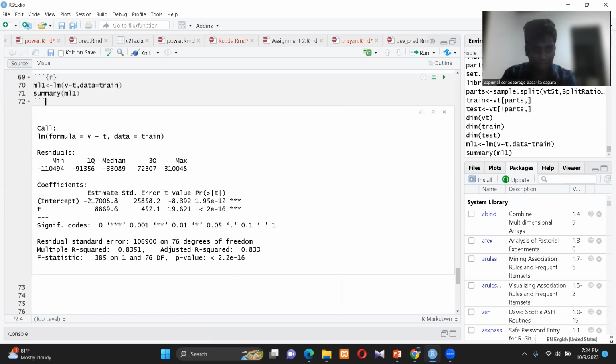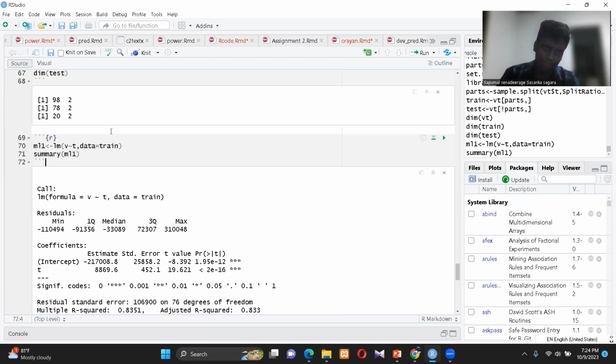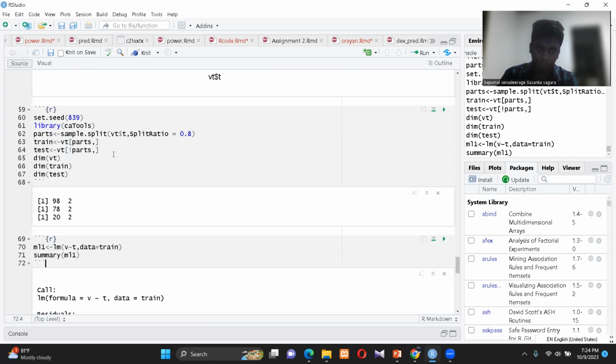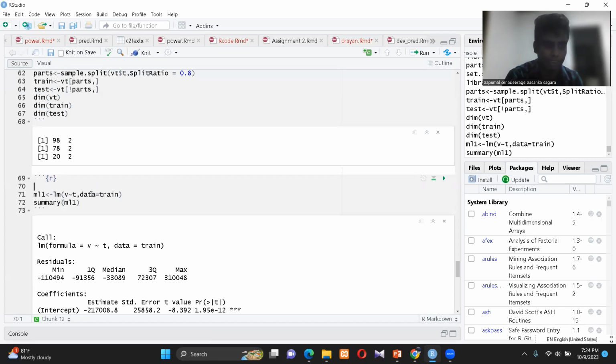The adjusted R squared becomes 0.833. This is not bad, right? But I feel like rather than a linear distribution, there must be something. So let me show you how to perform this. This is the linear regression model, right?